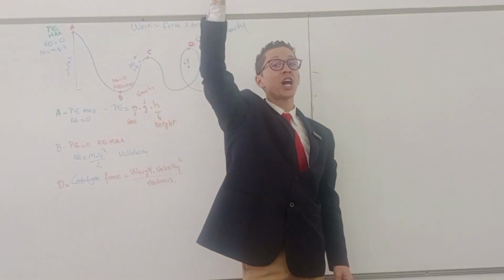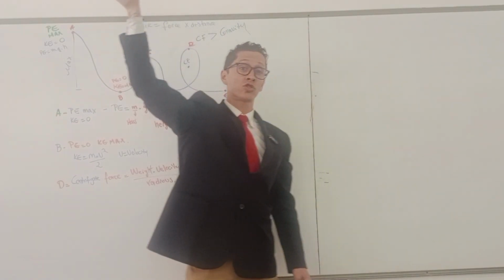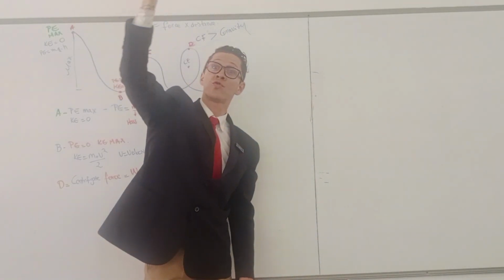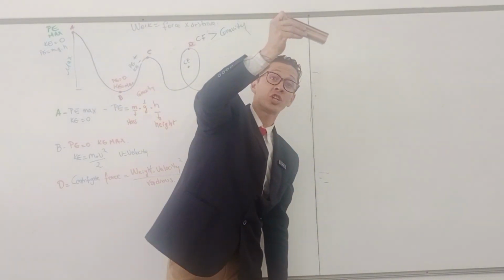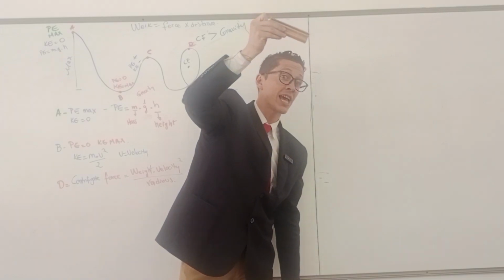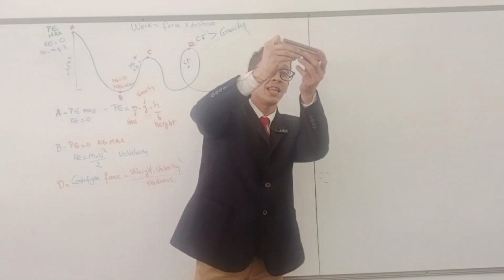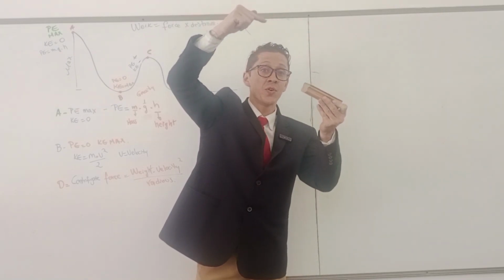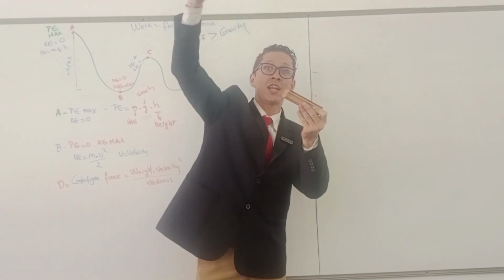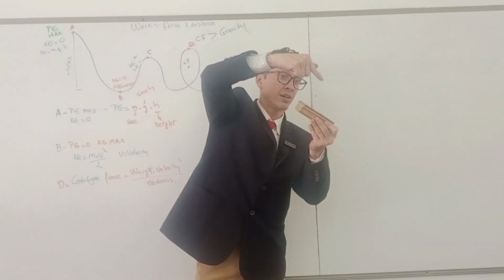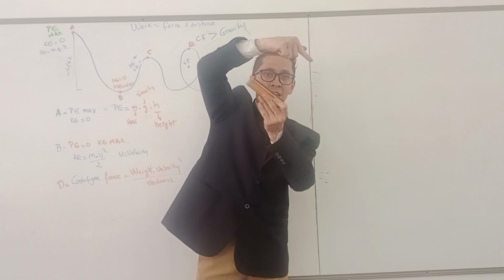At this point, the potential energy is maximum, but when I throw this, look at this. At this point, the potential energy is less, but the kinetic energy is higher, right? Potential energy decreasing, kinetic energy increasing.